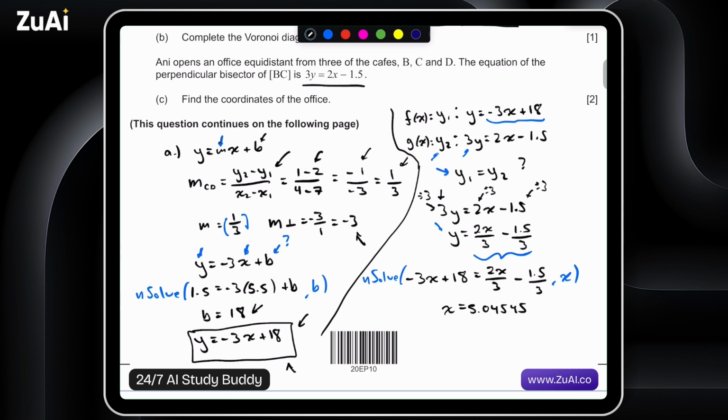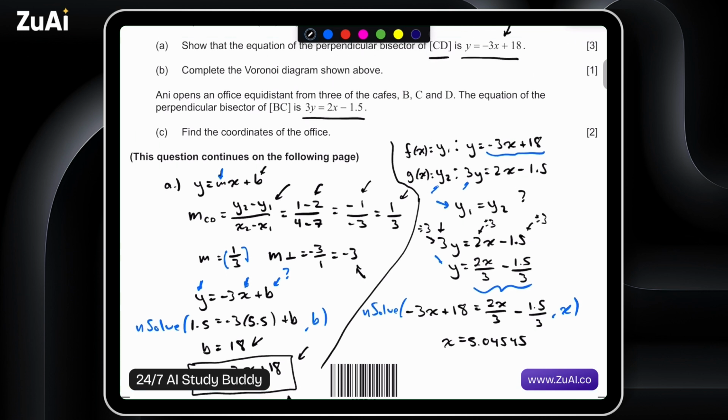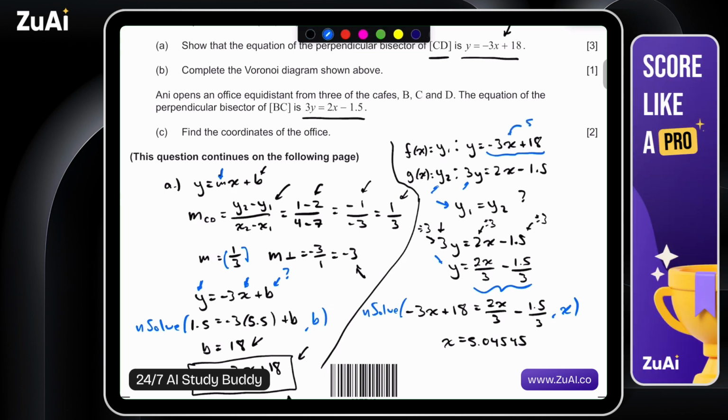5.04545. And to find the y value, we already have an equation in terms of x and y. So what we can do is substitute this x value of 5.04545 back into this equation and find the y value.